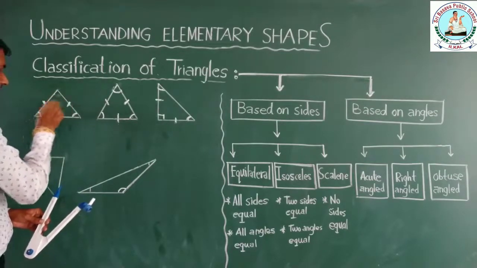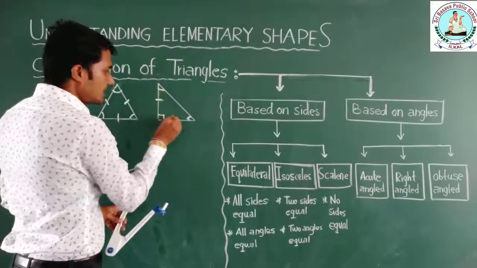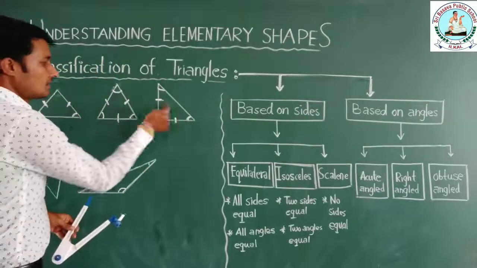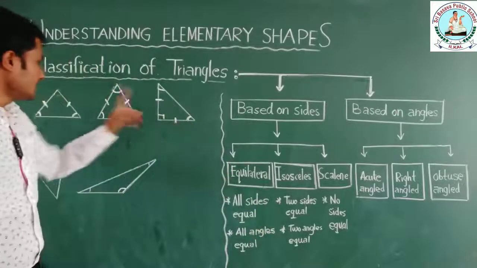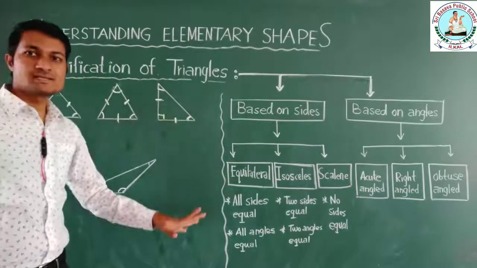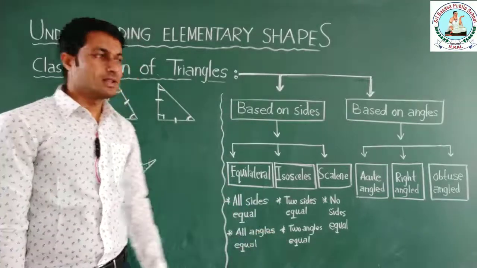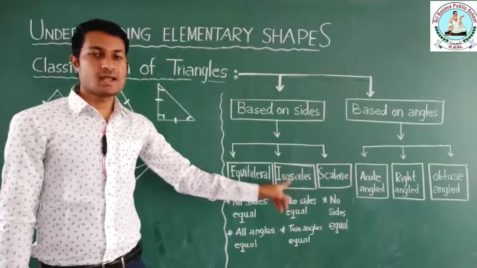So here two sides and two angles are equal. Here also two sides and their corresponding angles are also equal. Such triangles are called isosceles because in these two triangles two sides are equal and at the same time two angles are also equal. That is why these two are isosceles triangles.